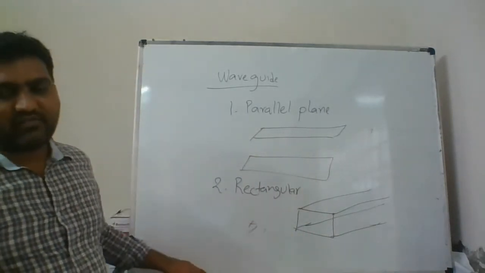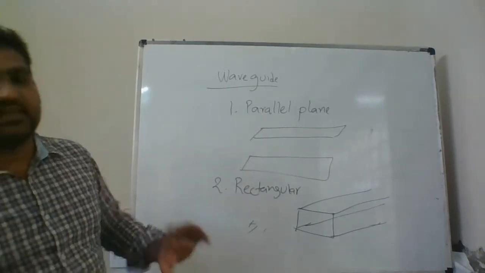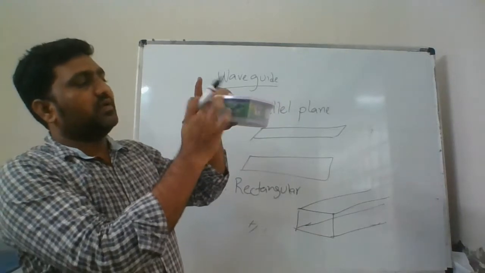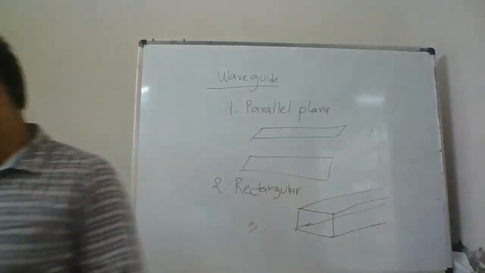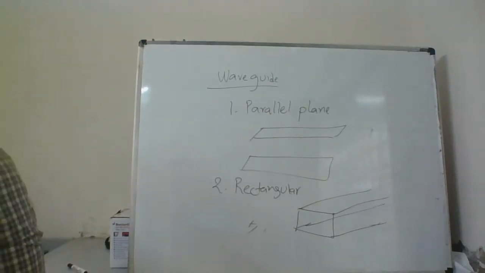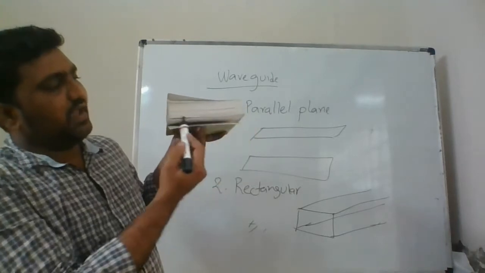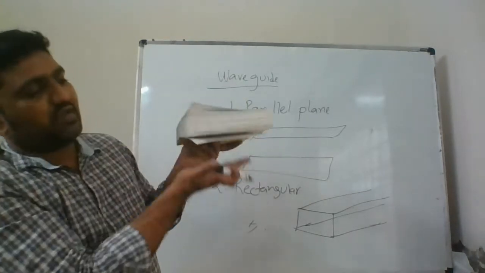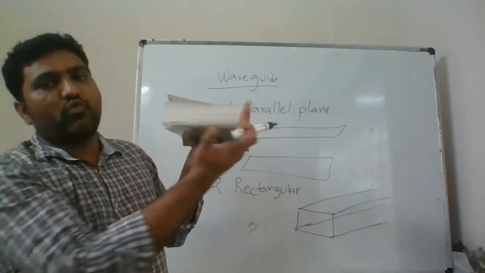A rectangular waveguide simply looks like a box, like this. These are the four parts of the rectangle; you can assume it like a textbook. Inside this, I have a conductor here, here, here, and here, so there are four conductors.